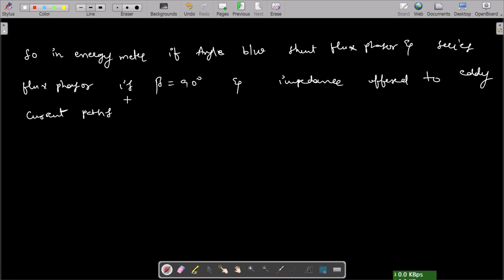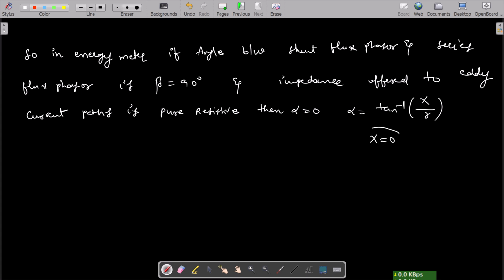That is, if the impedance offered to the current paths is purely resistive, then alpha will be equal to 0 because alpha is nothing but tan inverse of X by R. That means X will be 0. So if X is equal to 0, then sin beta will be 1 and cos alpha will be 1.